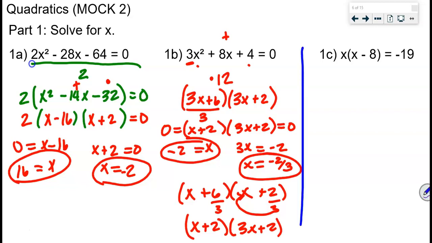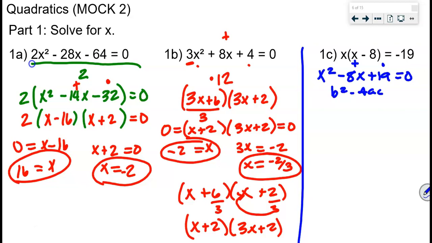Okay, so our last one over here, we're going to multiply x times x, that's x squared, and x times negative 8, that's negative 8x. We're going to move that 19 over by adding it. So now we're asking ourselves, are there any factors of 19 that add up to be negative 8? Well, the answer to that question is no. So we're going to have to use our quadratic formula. So I'm going to use b squared minus 4ac, that part underneath the radical first.